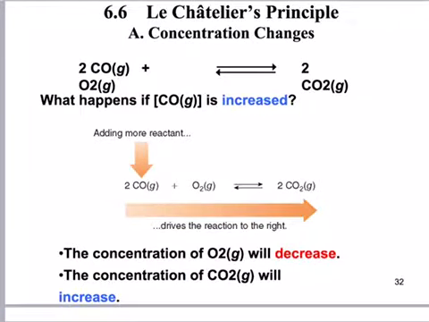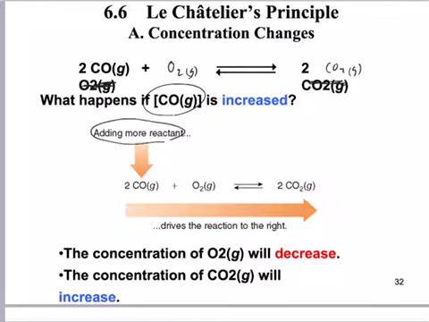All right, so let's talk about a concentration change. I've got CO plus O2 gas goes to 2 CO2 gas. Okay? What happens if I increase CO? Okay? If I add reactant.